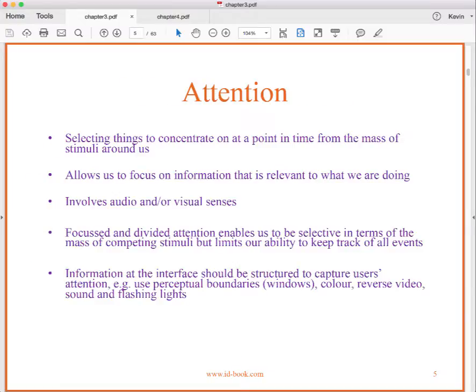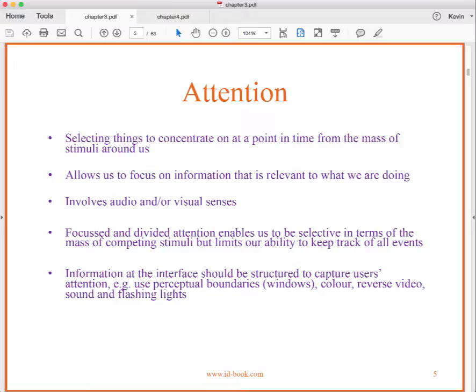So let's talk about attention first. What do we mean by attention? Well, we mean selecting things to concentrate on at a point in time from the mass of stimuli around us. I think we would all agree that we are in a time that is very stimulating.